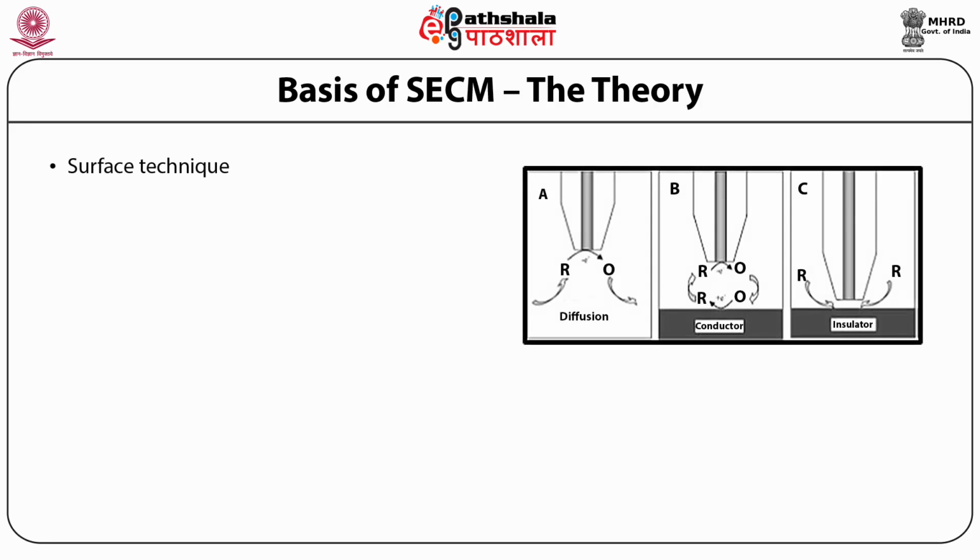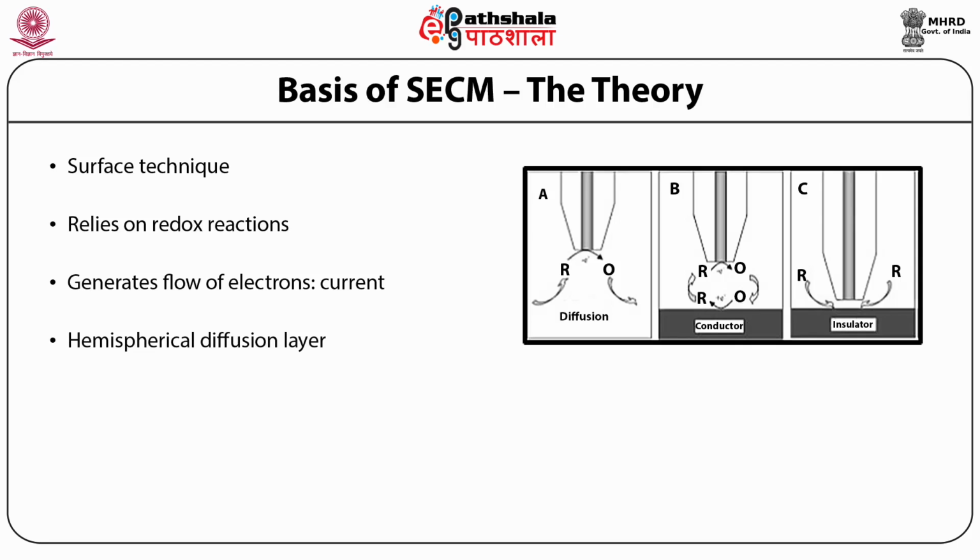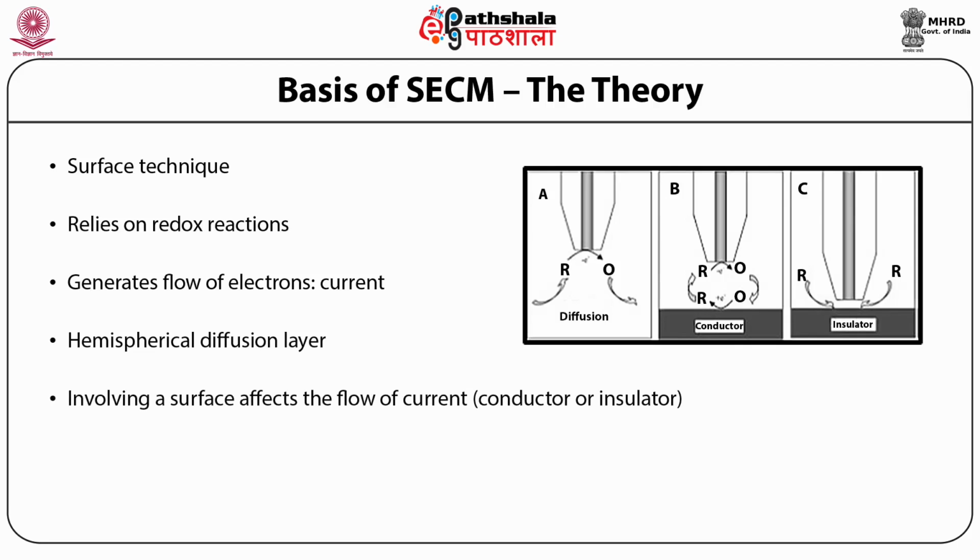Surface techniques rely on redox reactions that generate a flow of electrons, like current. Hemispherical diffusion layers and the involved surface affect the flow of current, where the surface is a conductor or insulator.